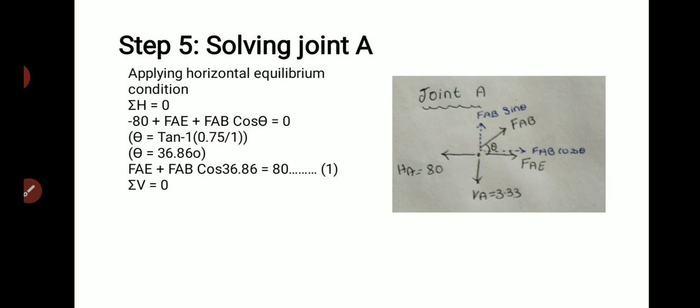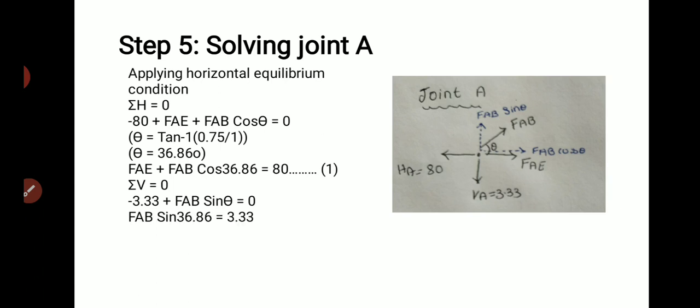Applying the next equilibrium condition, sigma V is equal to 0. Upward forces are taken as positive and downward forces as negative. Here VA and FAB sin theta are the only two vertical forces. So it is minus 3.33, that is minus VA plus FAB sin theta is equal to 0.